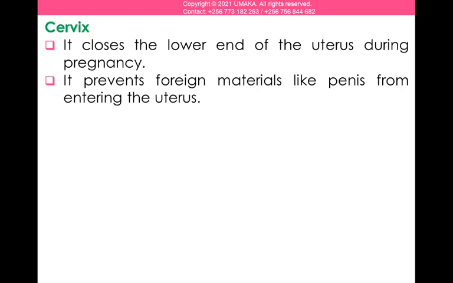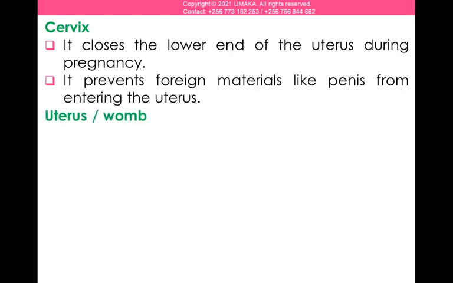Remember, the uterus is a delicate organ, and when the penis enters there, it may get damaged. So what prevents the penis from entering the uterus? That is the cervix. So it is the door to the uterus. If it doesn't open for you, you don't enter. So when the animal or the woman becomes pregnant, the lower end of the uterus is closed up by the cervix. And it is among the signs of pregnancy.